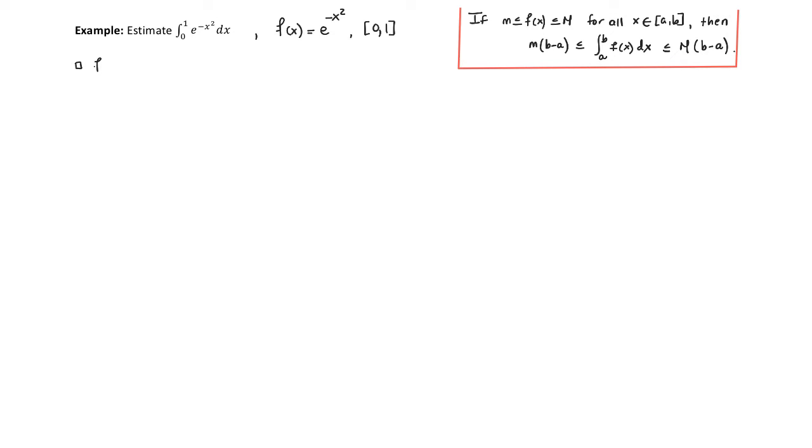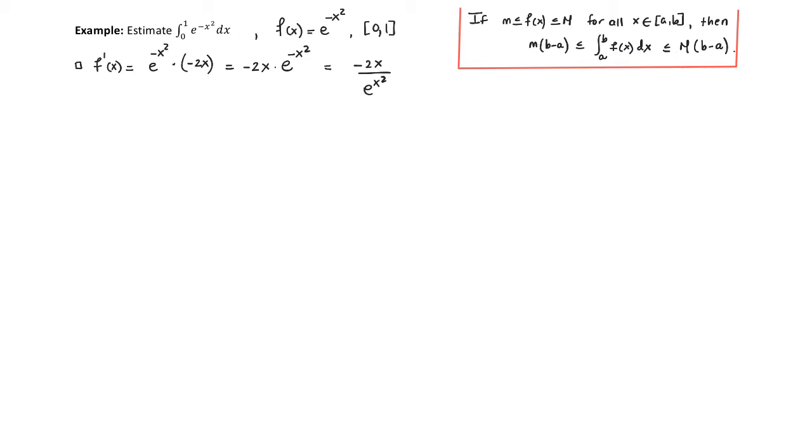So f prime of x is going to be equal to e to the negative x squared times negative 2x, which is equal to negative 2x times e to the negative x squared. Re-expressing this as negative 2x divided by e to the x squared hopefully will allow me to do an analysis of what is happening here.